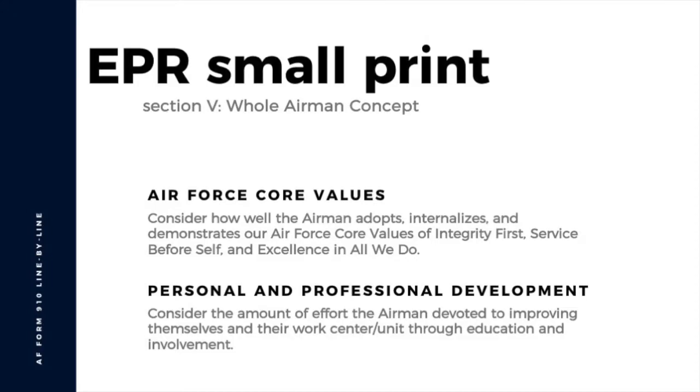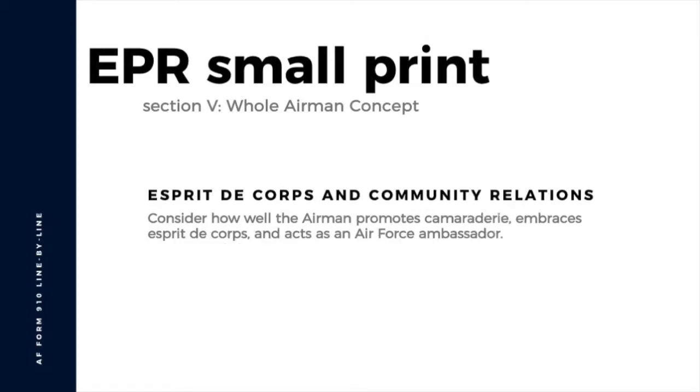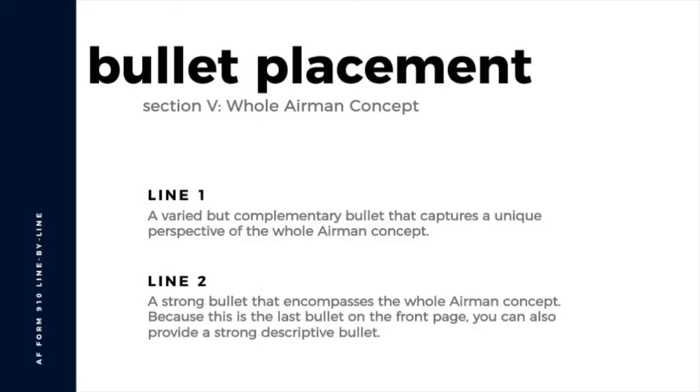So in the whole Airman concept, you have the core values, personal and professional development, and also esprit de corps and community relations. This really fits with the volunteer bullets because that's what we normally put down there anyway. So this will tie in very nicely. In line one, again, just a varied but complementary bullet. Just like in the other section, I want to use a complementary bullet that captures a unique perspective.